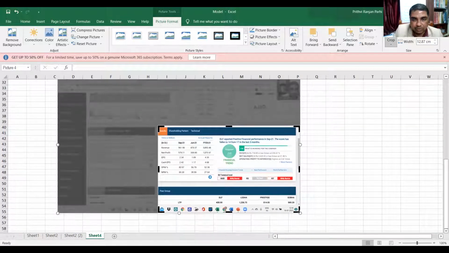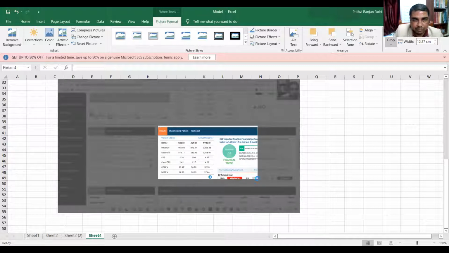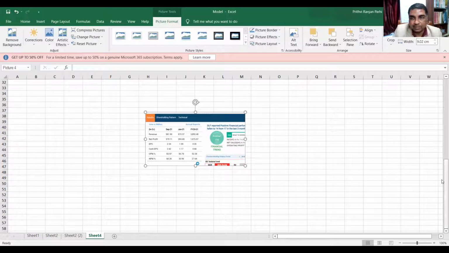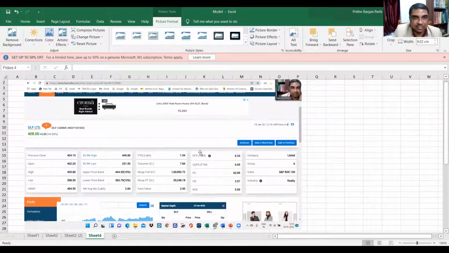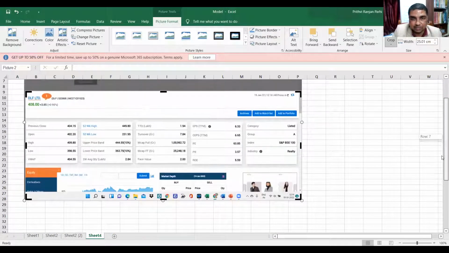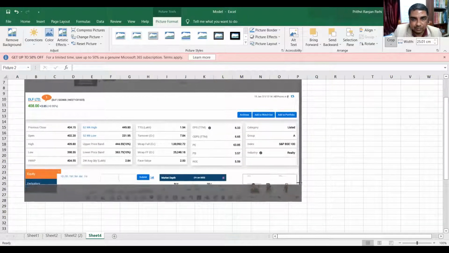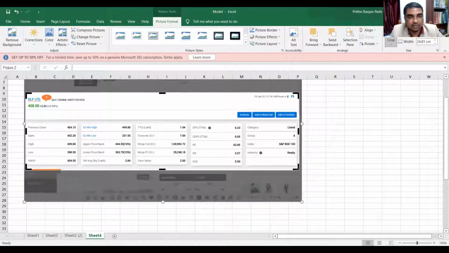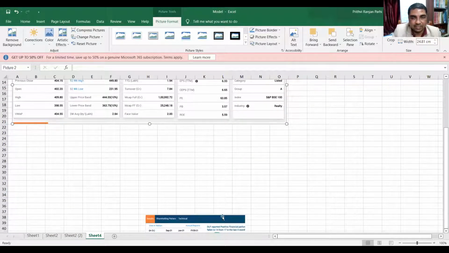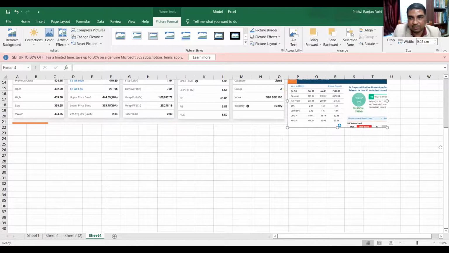Are you able to see what I'm doing? Then again, this data is needed by me. I will also crop this picture. I need the date when I have captured this data. This is one more thing I have available with me.